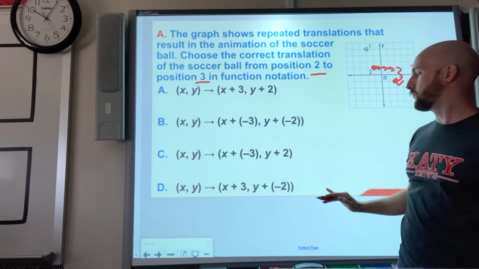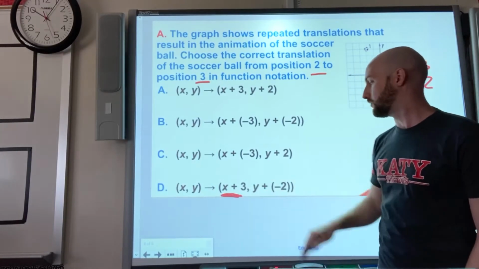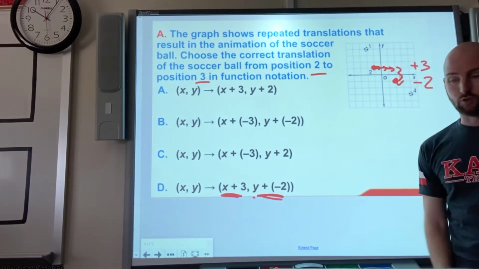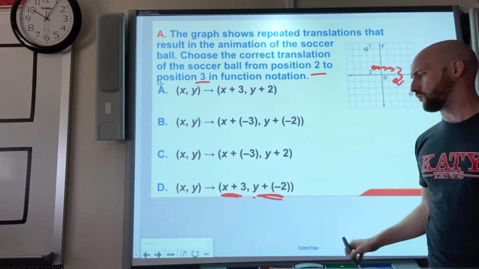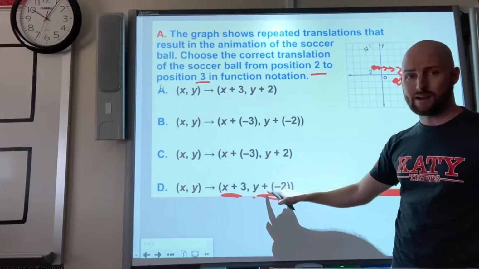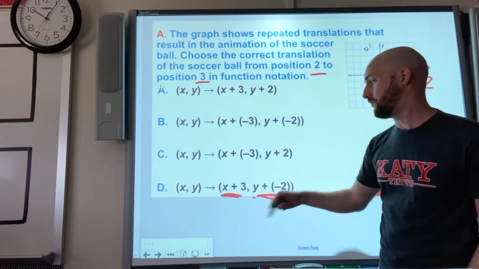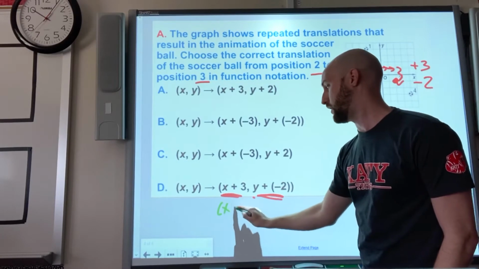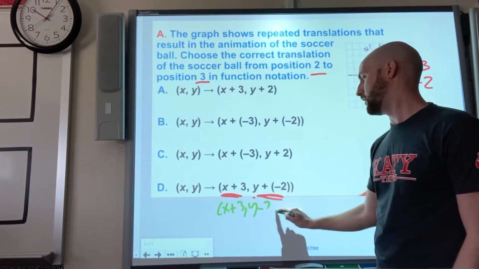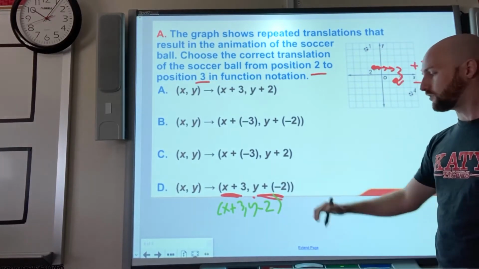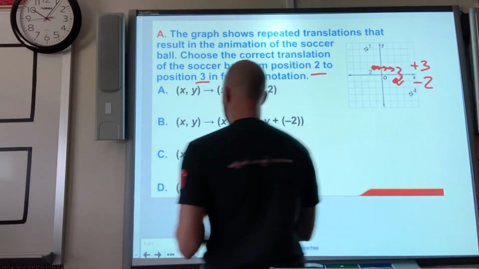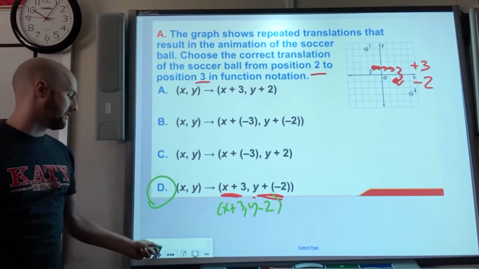So we would be looking for one that is referring to the x going plus 3, the y going down 2. It is extremely common to not write this as plus -2. In fact, because I don't like to write a whole lot, I would 100% have written y minus 2. But just for your knowledge, either of those are okay ways to represent that.